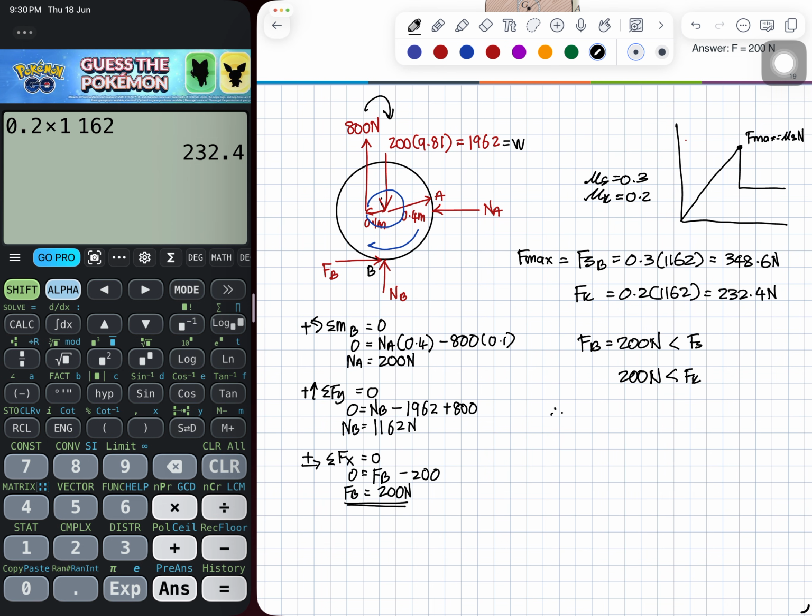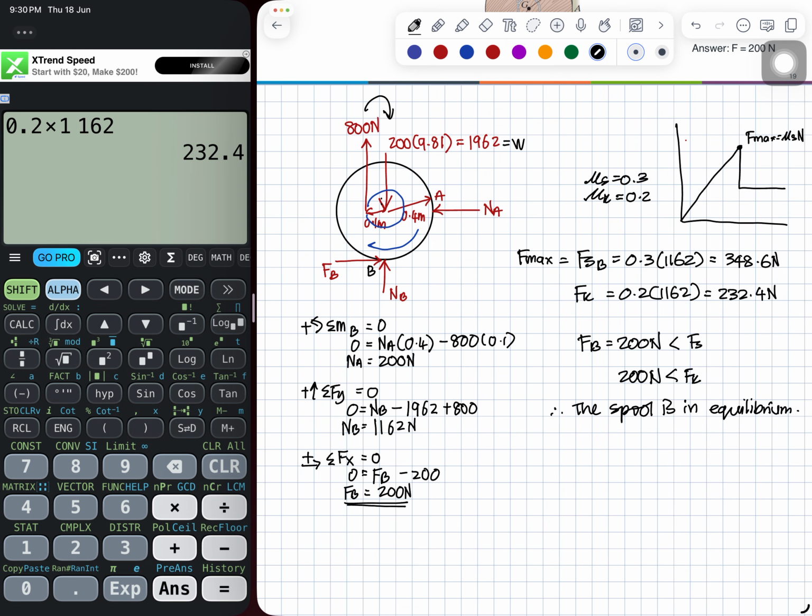So therefore the spool is in equilibrium. The F max here is 348.6, kinetic here is about 232.4 Newton, and our friction force here is 200 Newton.